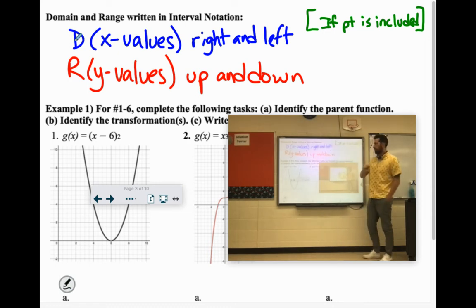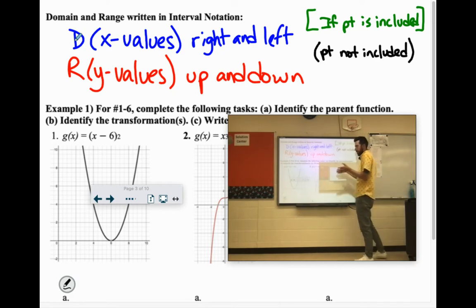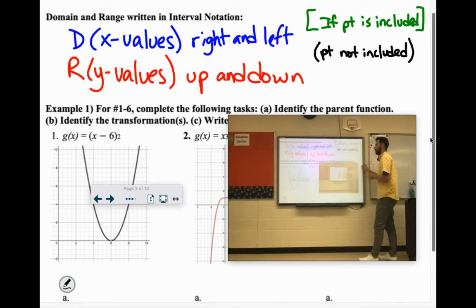And that's going to sound confusing here in a minute, or you'll be fine. And if the point is not included, it will get parentheses around. And you'll see more of this as we start going over examples here.